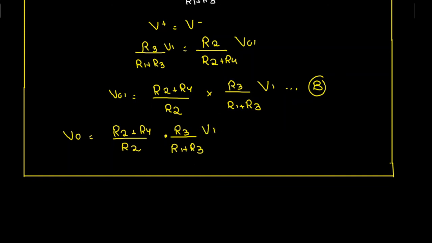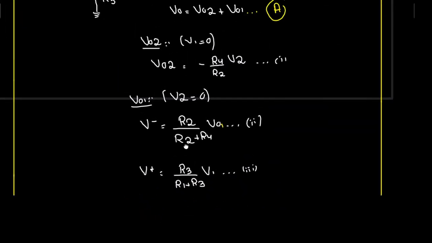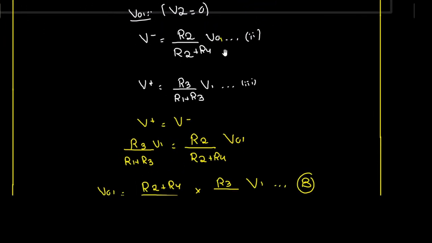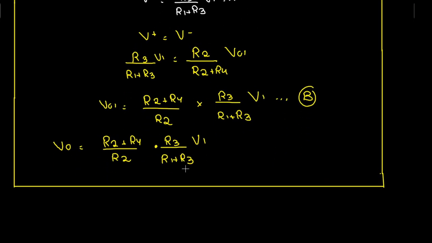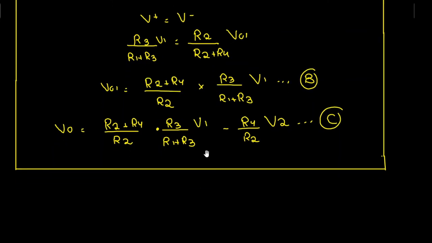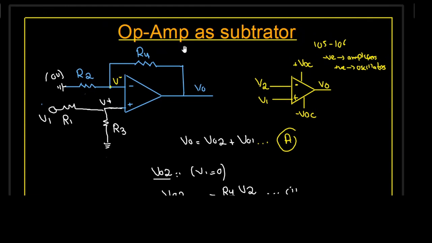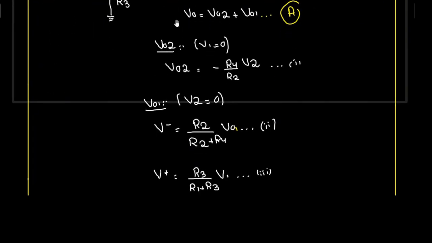This is my VO1, and the VO2 was minus R4 divided by R2 into V2. Let me name it as equation C. So this is the equation for the voltage subtraction. Now we can say that this circuit is acting as a differential amplifier. This circuit is acting as a subtractor.